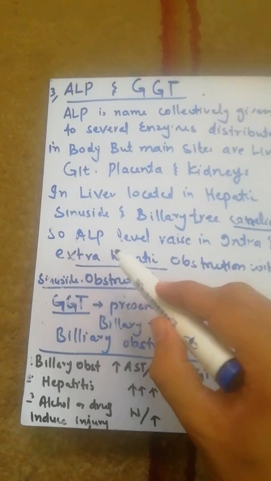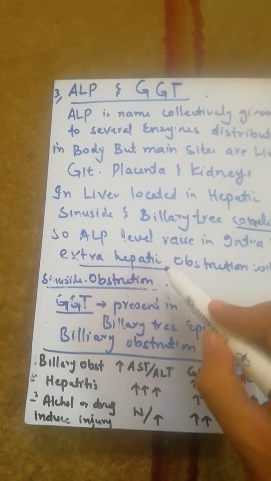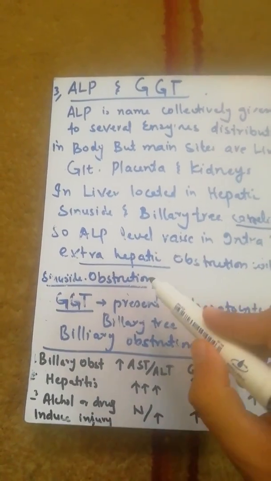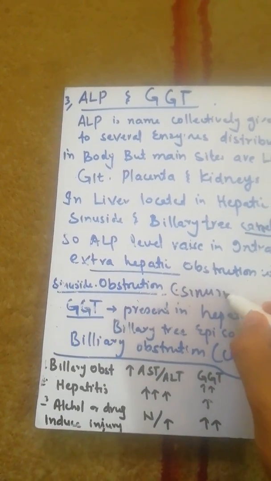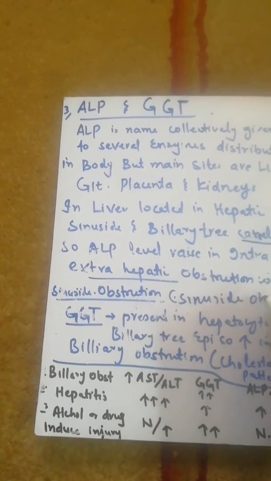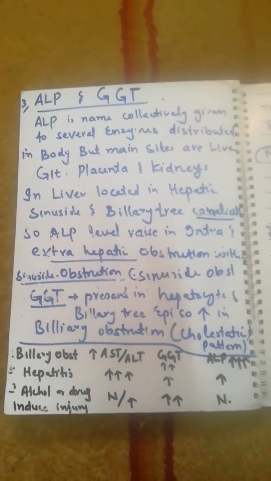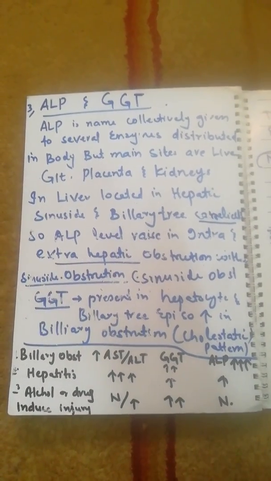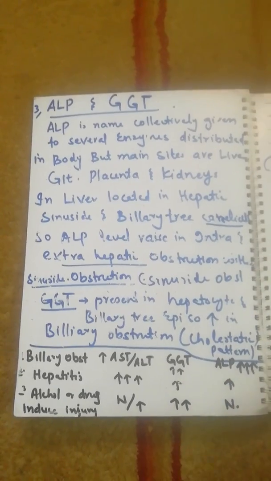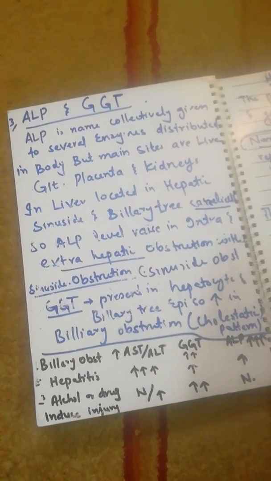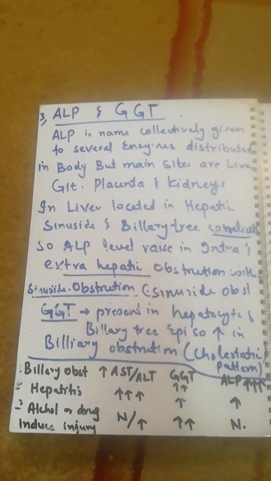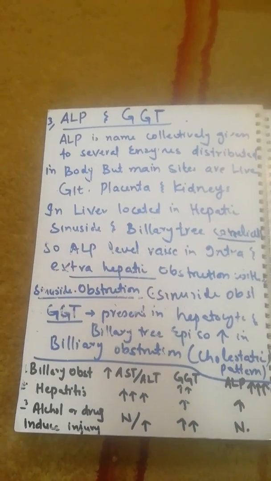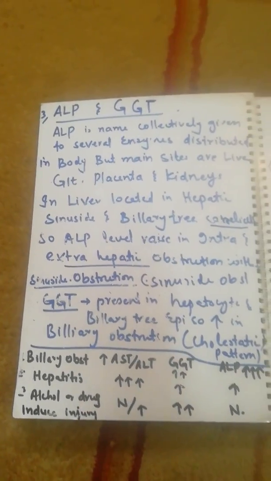So alkaline phosphatase level rises in intra and extra hepatic obstruction, with sinusoid obstruction. If there is any pathology in the biliary tree, ALP will rise. If there is any pathology in hepatocytes, ALP and GGT will rise, in contrast to ALT and AST, which will rise mostly in case of liver pathology.